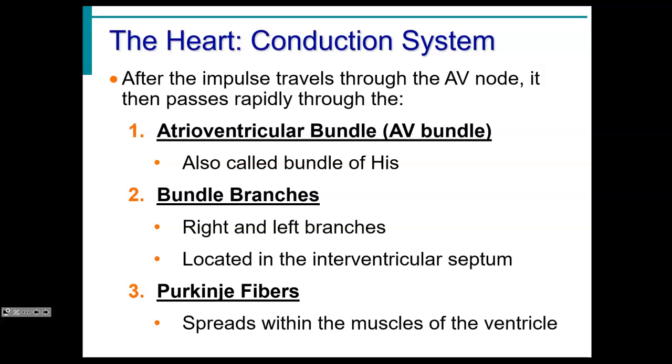Bundle branches go from there, down the interventricular septum, and then the Purkinje fibers come off there and go around the rest of the myocardium. You should know what all these individual parts are, and the sequence in which they travel through each other. Okay? You good with this? Yes?